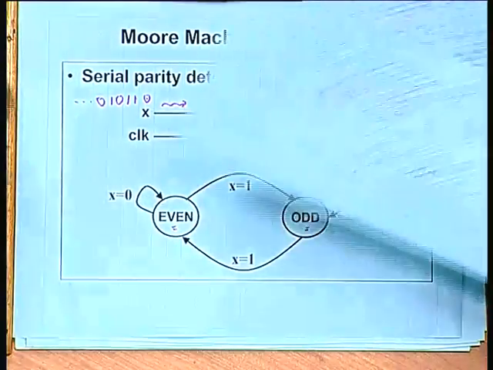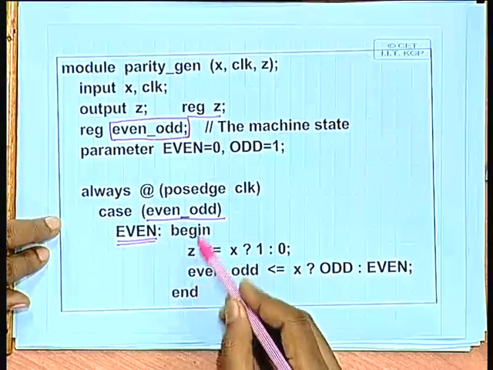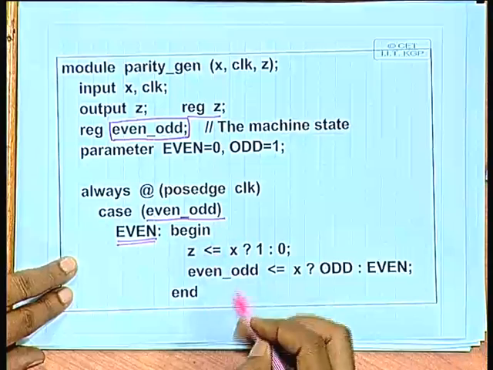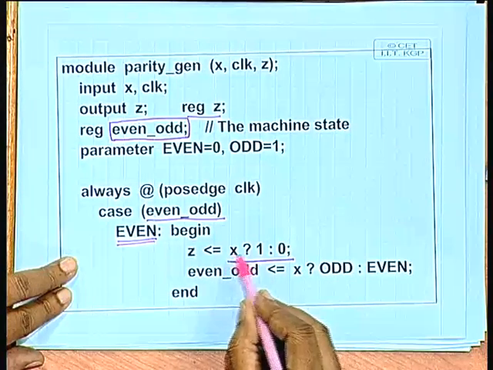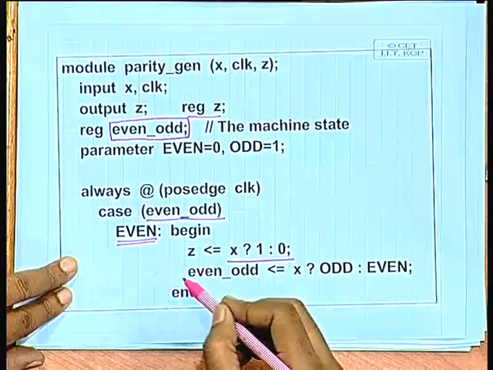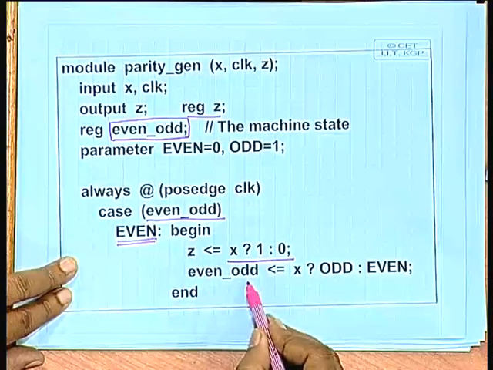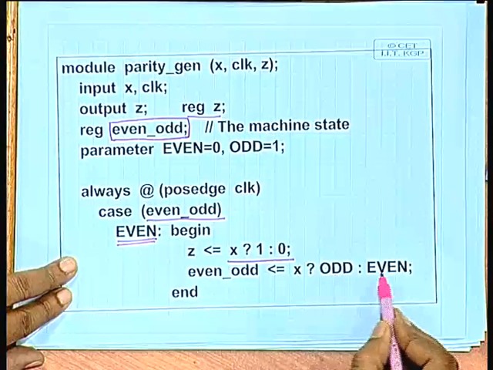So, you see in this code, if it is even, the first thing we are doing is a conditional, if x is true then 1 else 0, exactly what is specified in the diagram. Similarly, for the next state, if x is 1 then go to odd else even.